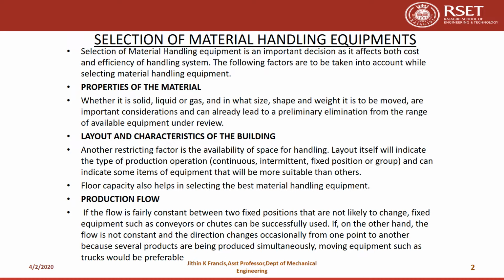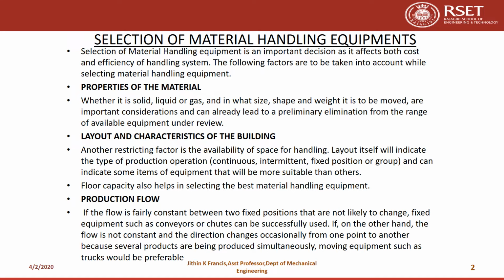Suppose it is a liquid, solid or gas, whatever the shape and size, accordingly you have to select a suitable material handling equipment. Now the layout and characteristics of the building must be studied before selecting equipment. You have to see what kind of production system and layout you have followed, so accordingly you can select a suitable handling method.